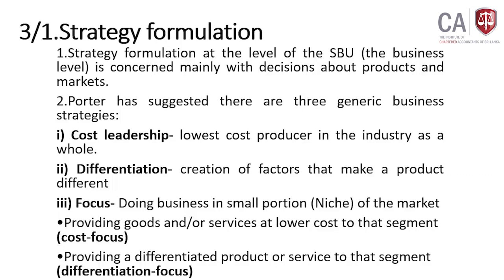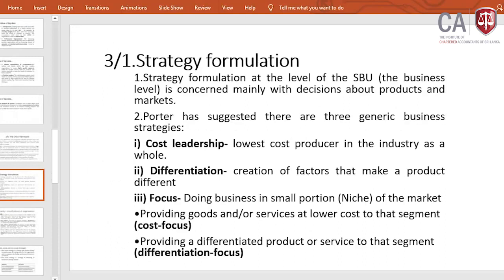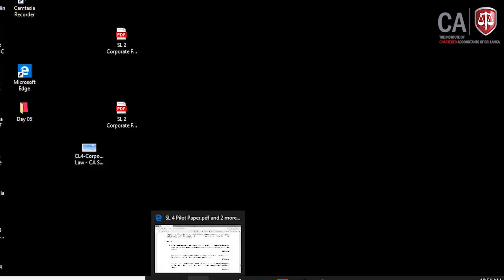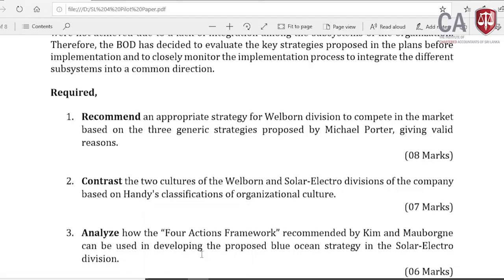So, now how are we going to develop your answer on this? We will think how to develop the answer.